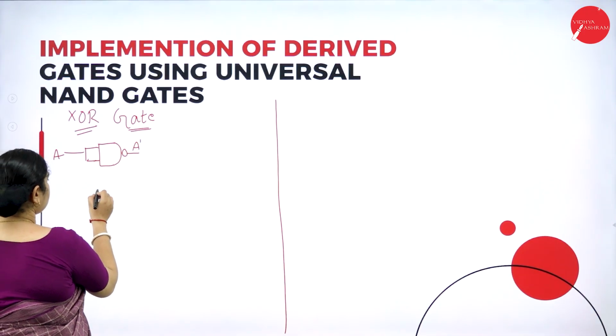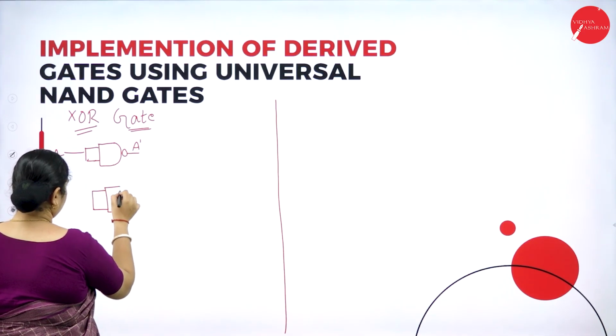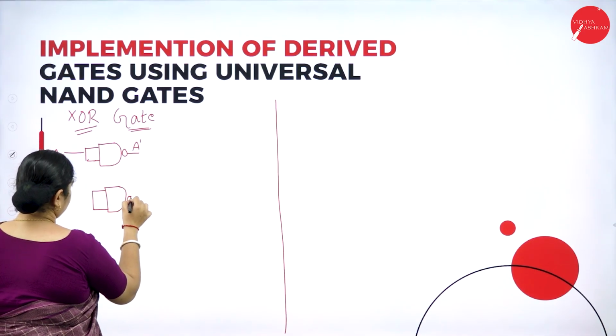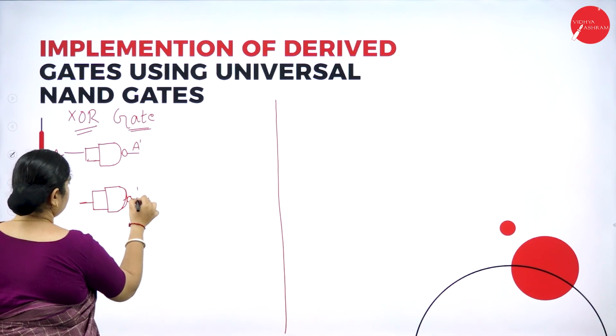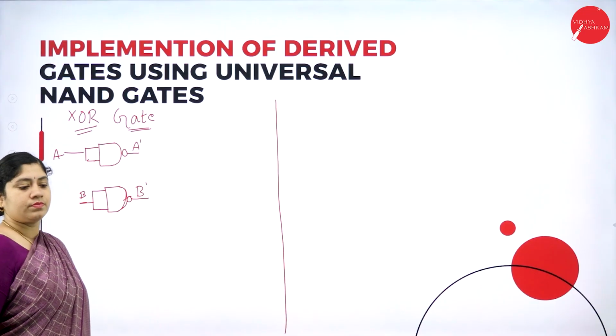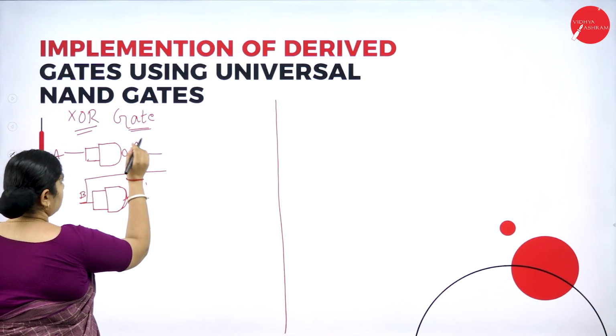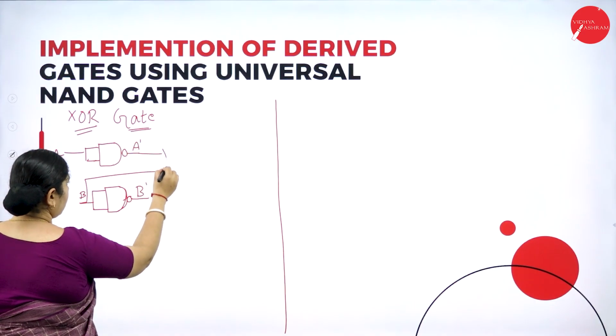Next, let's also draw a gate for B. This yields us B dash. Now what exactly we have to do is add A dash and B with a NAND gate.